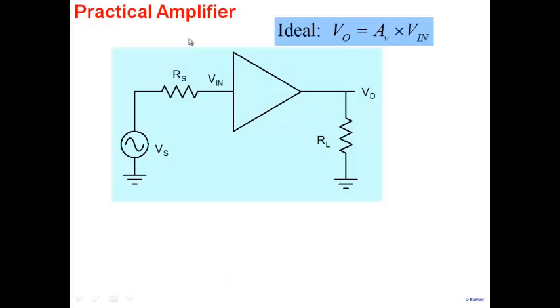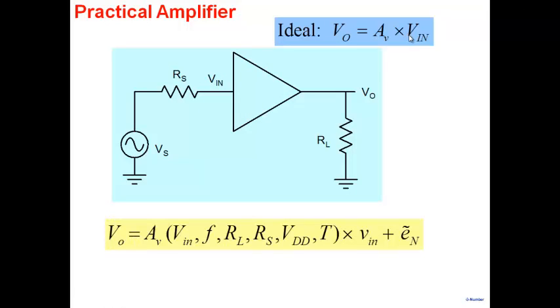Now, of course, practical amplifiers are different from ideal, and they differ in several ways. AV has to be a constant, and this is what is more realistic. The voltage gain that you have depends on several factors.